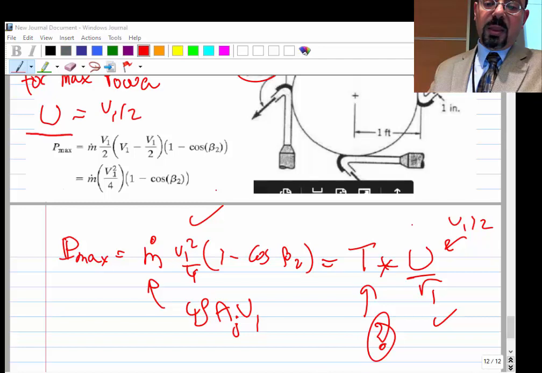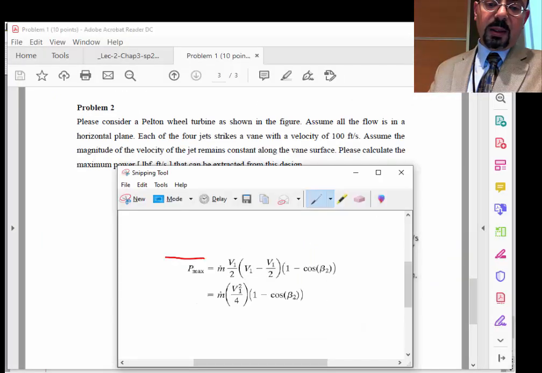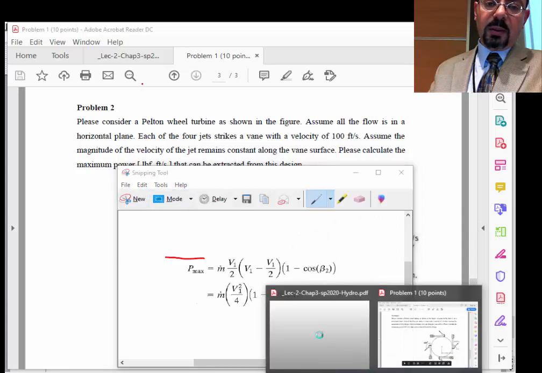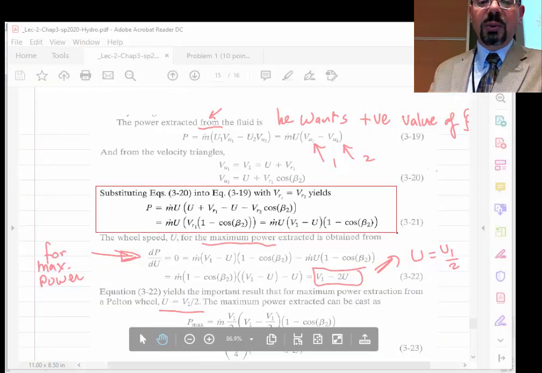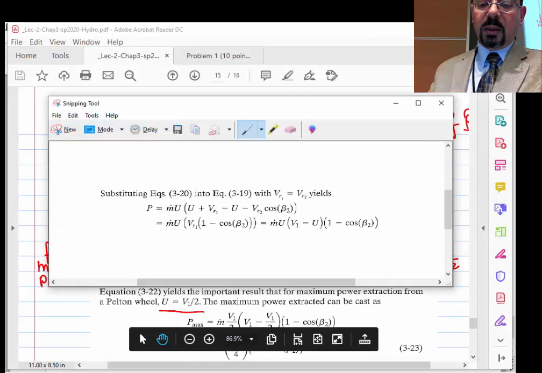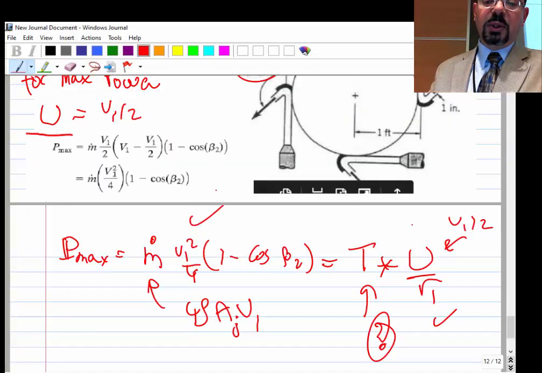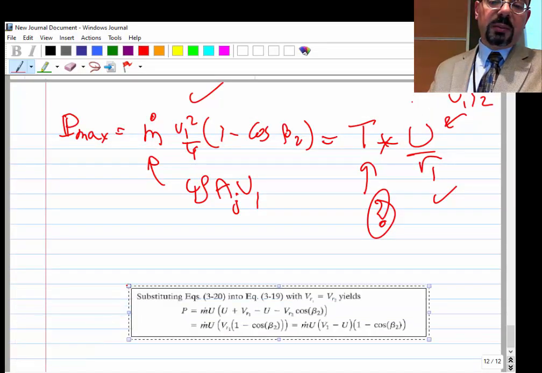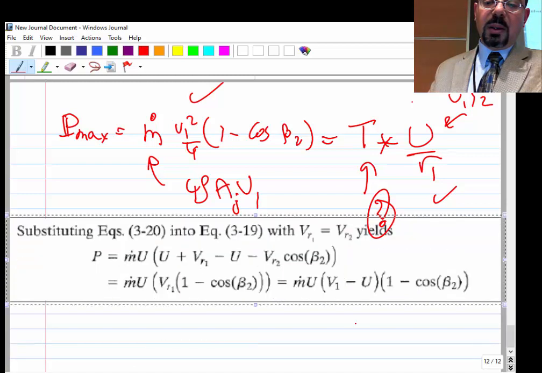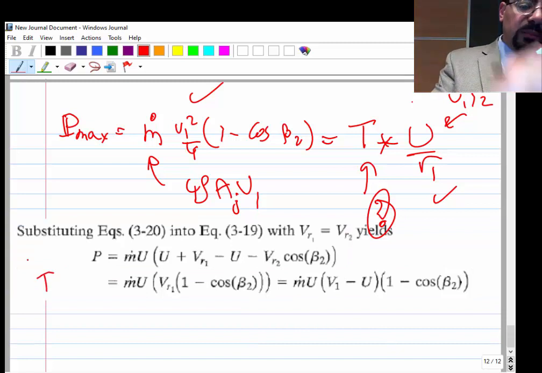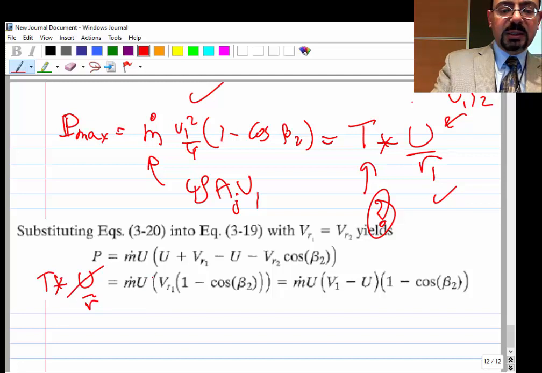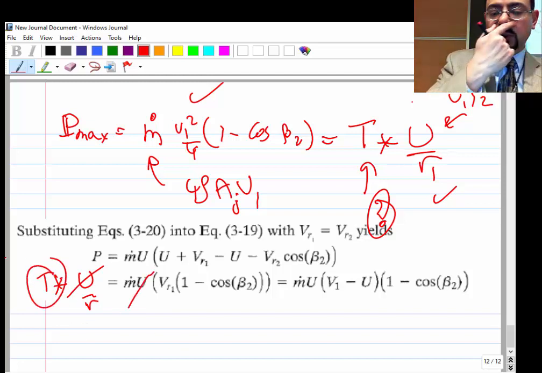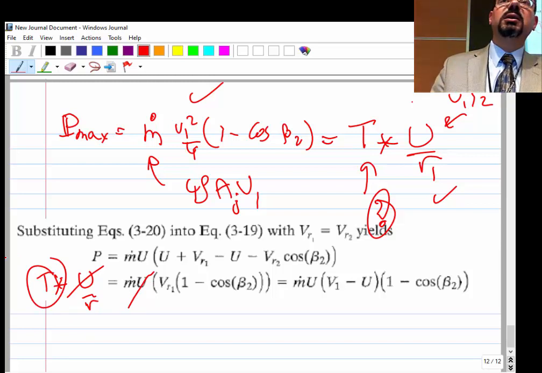So what I'm saying is this is the equation for any U. And this equation is the torque times omega, which is U over R. So if you cancel that U with this U, you got yourself an equation for the torque for any velocity.